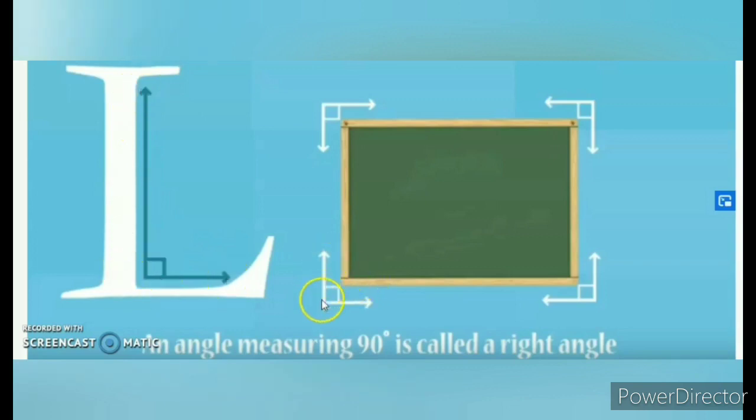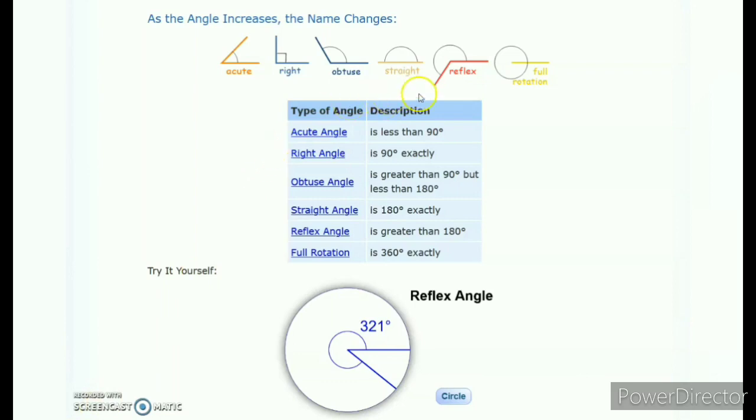The corners of your school board form a right angle. One more type of angle is the reflex angle. A reflex angle is greater than 180 degree and always less than 360 degree. You have to remember, children.